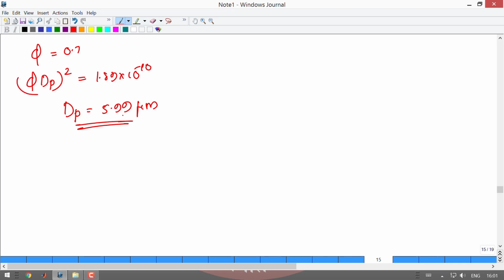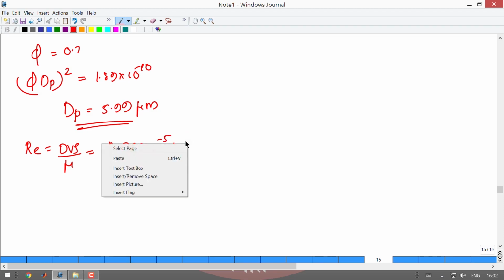So, we have to check whether we are getting a Reynolds number which is less than 1. For that we are just substituting all the values. If I am writing in the FPS system, or you can write it in SI unit, whatever it is you will get the same.